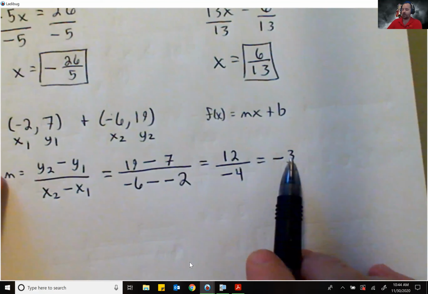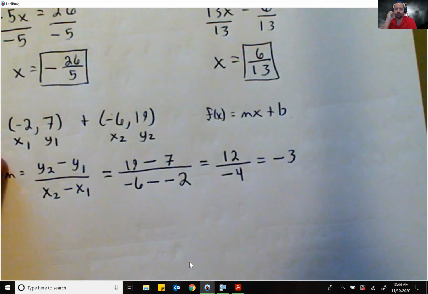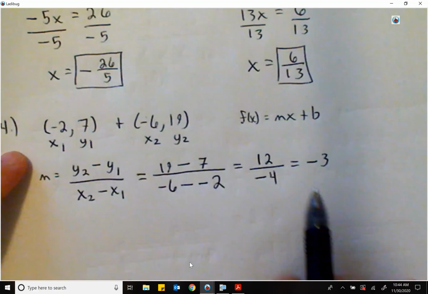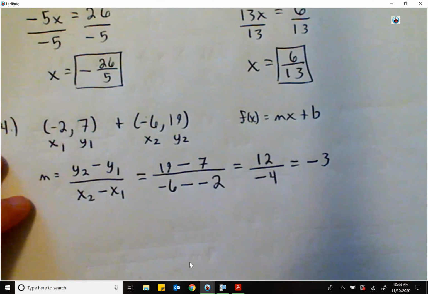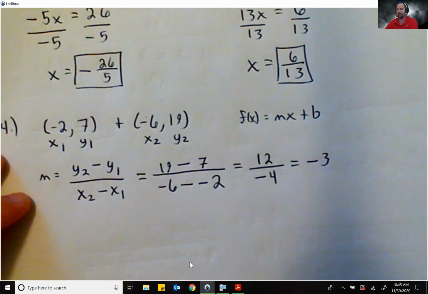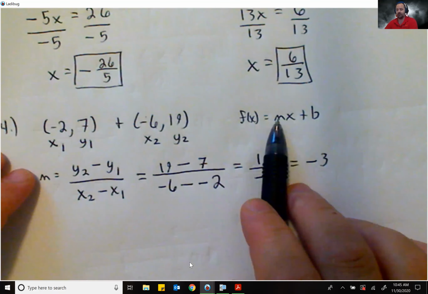All right, so now that we know the slope, what are we going to do? We need to write this equation. So we want to put the -3 in here for the m. But then what else do we need?